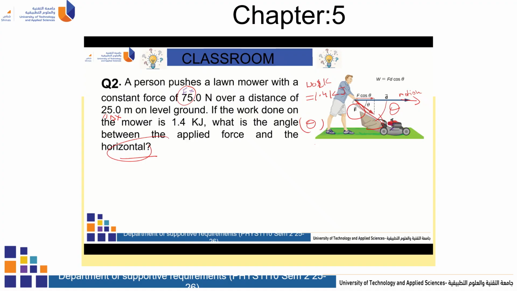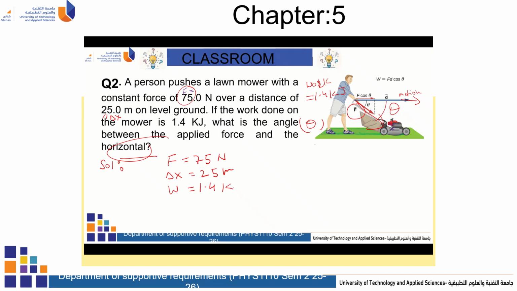Now here I am writing what is given. In the question, the value of the force is given, that is 75 newton, the value of the displacement is given, 25 meter, and the value of the work done is given, this is 1.4 kilojoule.